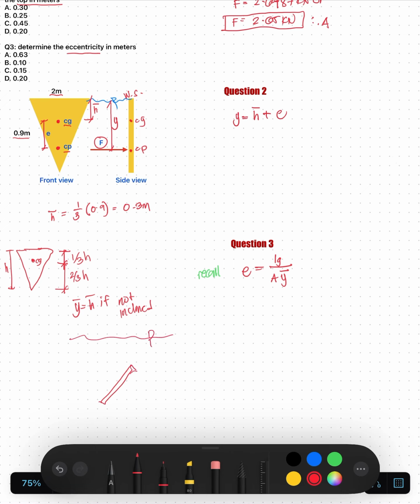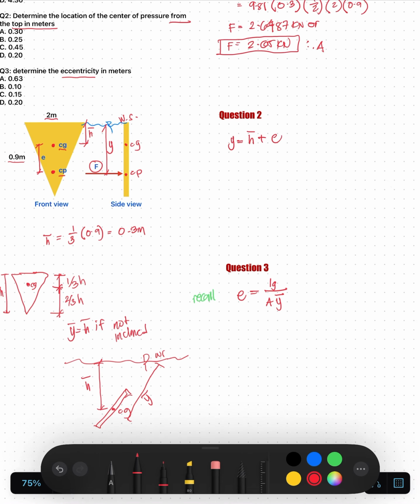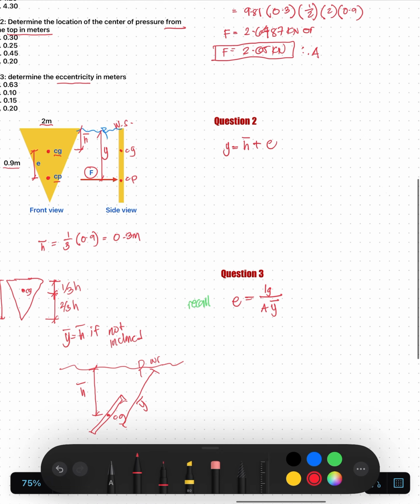Let's say we have our water surface here, and we have our center of gravity. Our barred h is the vertical distance from the water surface to the center of gravity, whereas our barred y is the perpendicular distance from CG to the water surface. Now, since again this is not an inclined gate, we can say that barred y is equal to barred h.